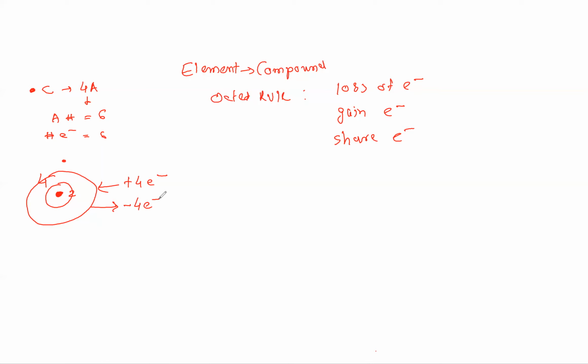Because it's the same, it doesn't have any benefit doing this or that. It has to put in the same effort. So it's not going to do either of these. It's going to share electrons, and when you form a compound by sharing electrons, that compound is called a molecular compound.